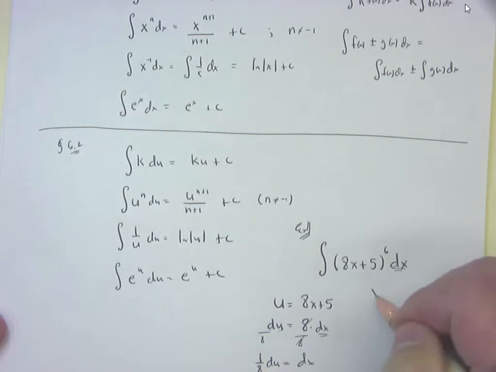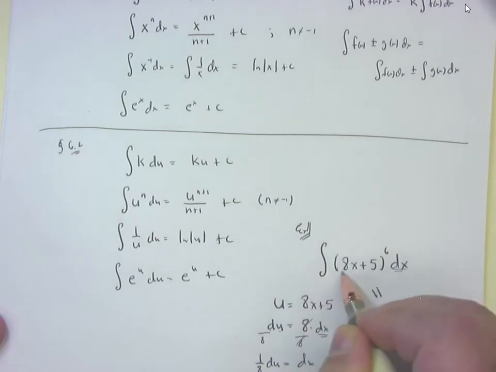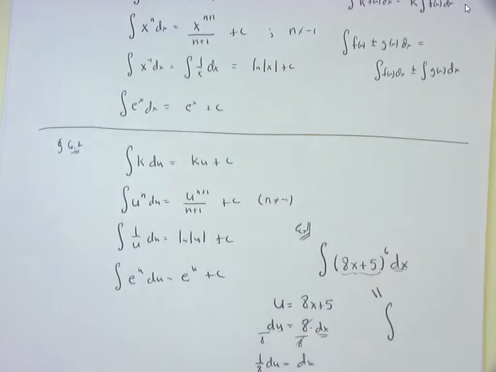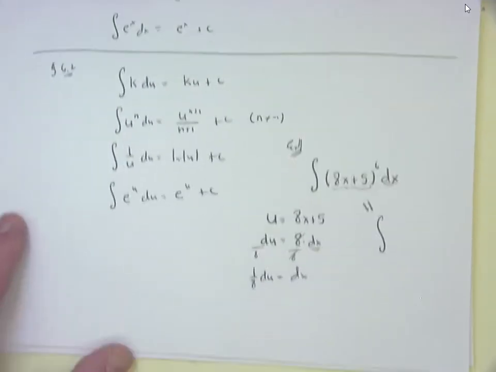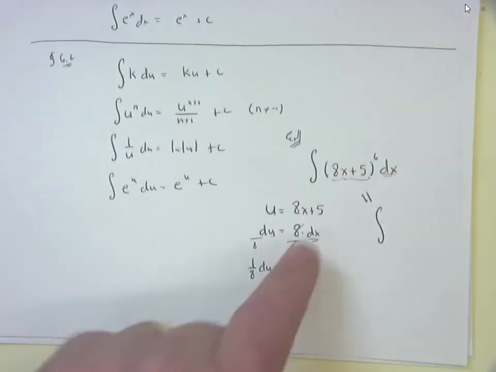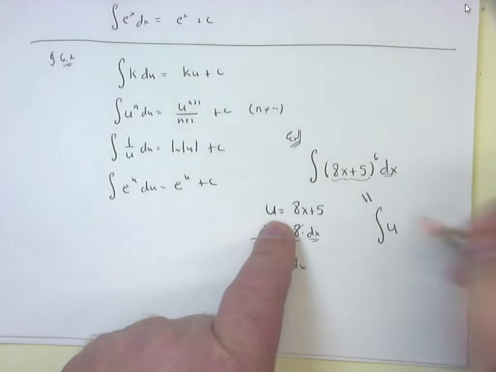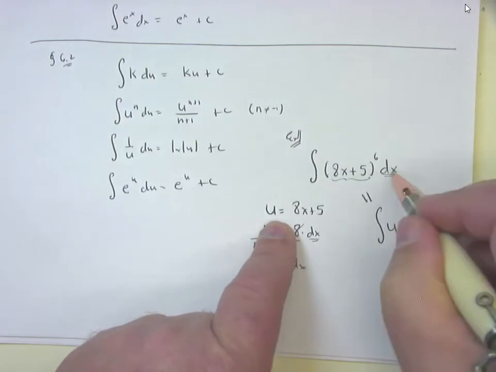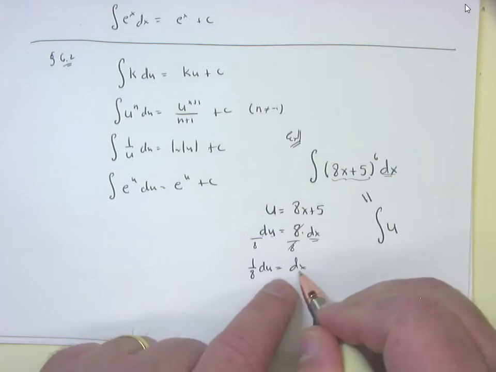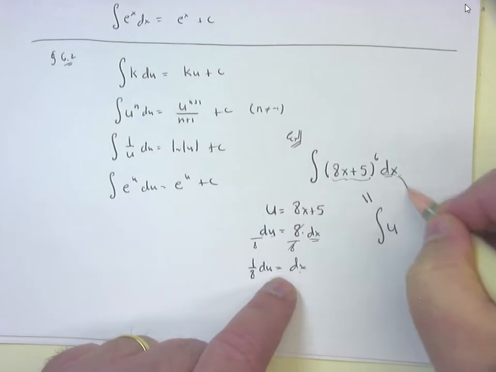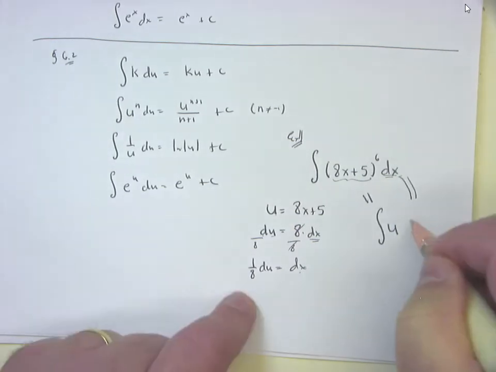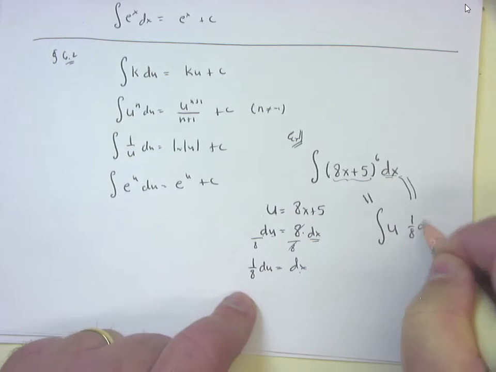Now here comes the game. Substitution. The integral stays there. This 8x plus 5 was what? That's what we let u equal to. Does that make sense? However, the dx gets replaced with 1/8 du.